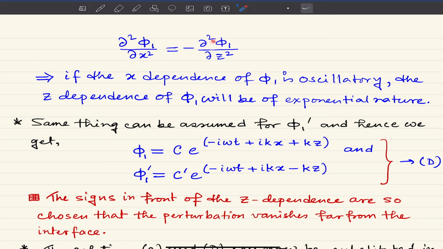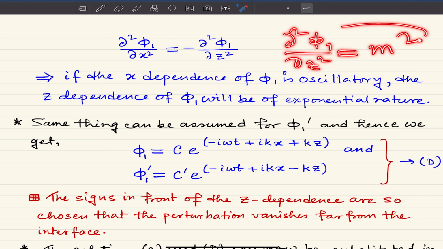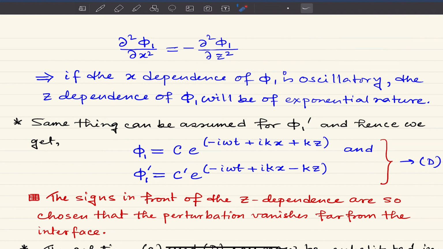Then del 2 phi 1 del z2 must be exactly equal to plus m square, which gives you an exponential dependence, either growing or decaying, of phi 1 with respect to z. And that is exactly exploited here to write this whole expression.